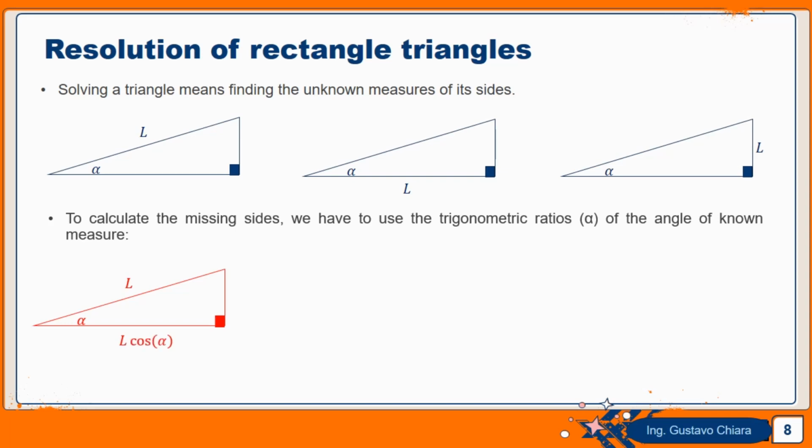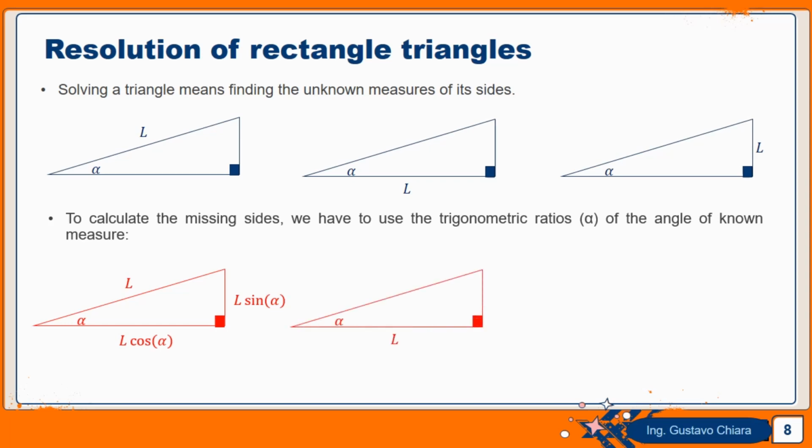Using the trigonometric functions, the cosine of alpha is the side divided by the hypotenuse. So replacing, this side is equal to L multiplied by cosine of alpha. In the same way, the opposite leg is L multiplied by sine of alpha.